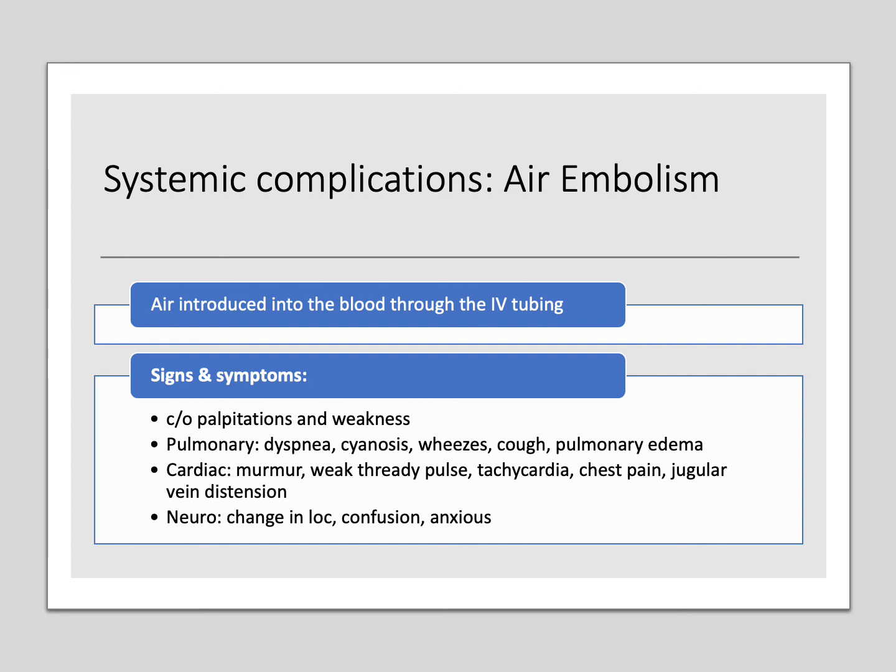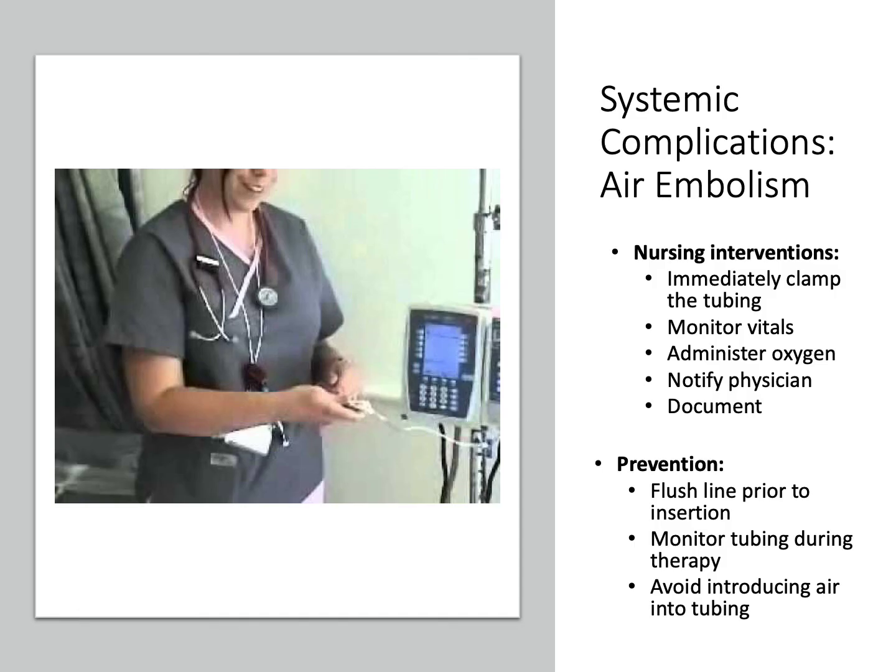Signs and symptoms are complaints of heart palpitations, weakness, difficulty breathing, turning blue, wheezing, coughing, feeling like their lungs are filling up with fluid, might hear a heart murmur, pulses may become weak, fast, chest pain, jugular vein distension, change in the level of consciousness, confusion, and anxiety. So this is most certainly a medical emergency.